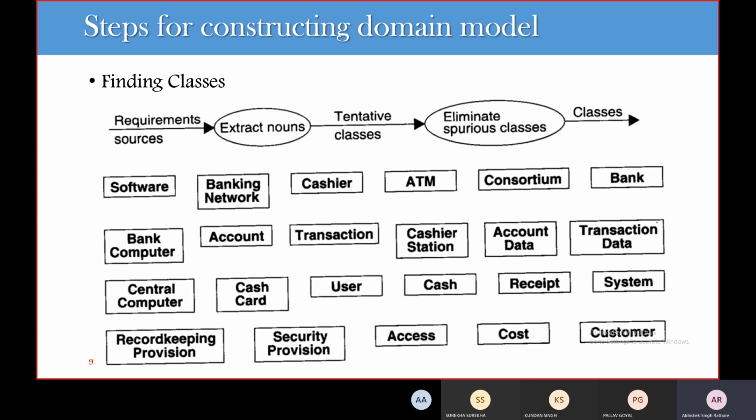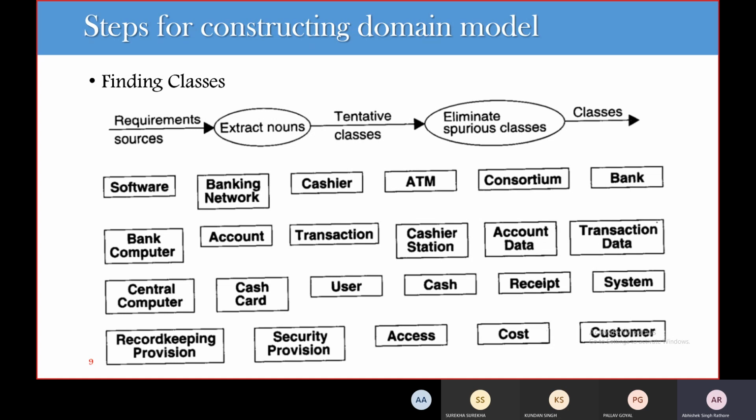So we have to focus on some tentative classes. Our basic idea is to focus on nouns, but we cannot say that all nouns reflect our overall system, so we can consider all other parts of speech as well.